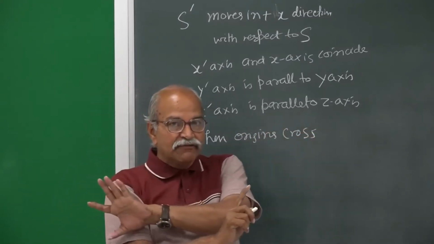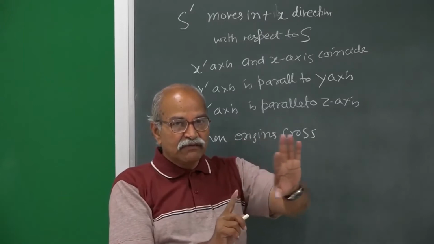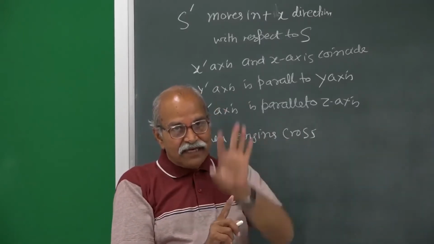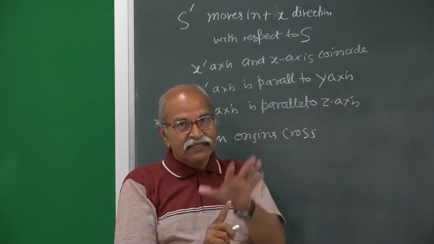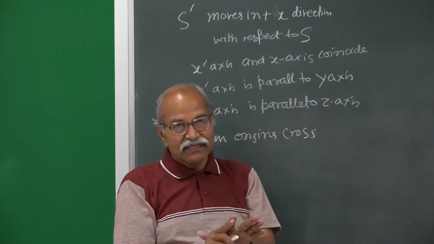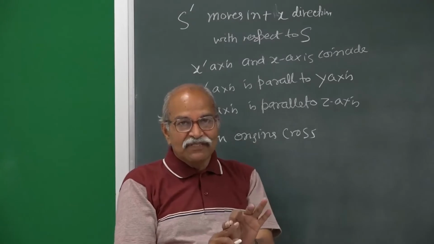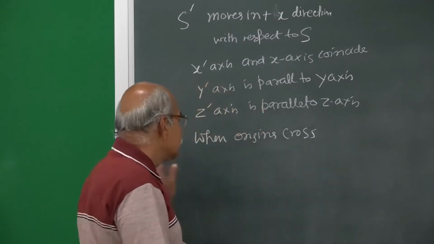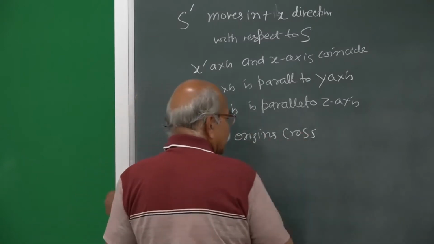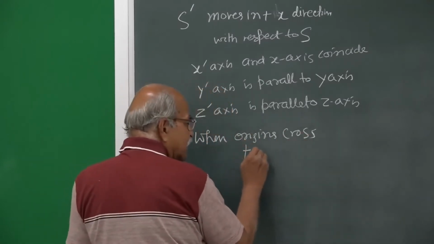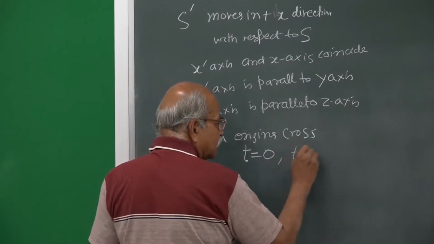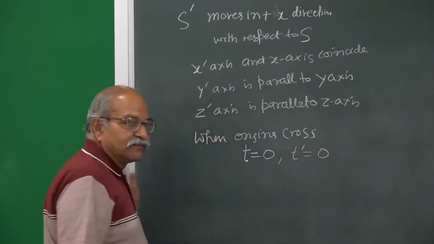S prime is coming from one side and moving with respect to S. So at some instant the y axis coincides with y prime axis, z axis coincides with z prime axis, and the origin O prime coincides with origin O, just one instant. So that event we say will be read as t equal to 0 in S and t prime equal to 0 in S prime.